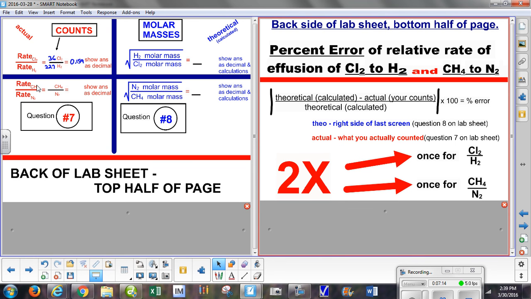So we do that one with the methane, nitrogen, then we're going to do it with chlorine and hydrogen. So we're going to have two different percentage of errors. And I hope that's clear.